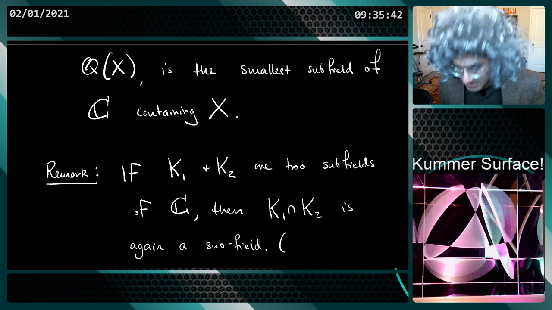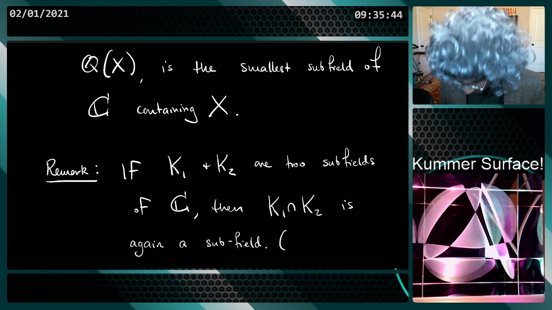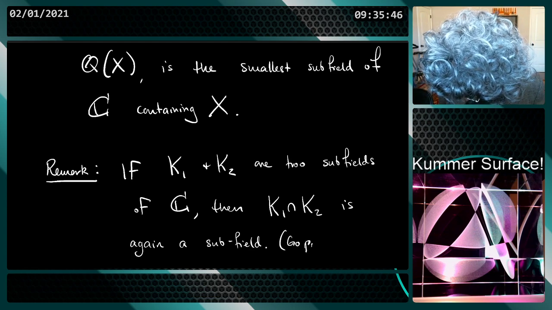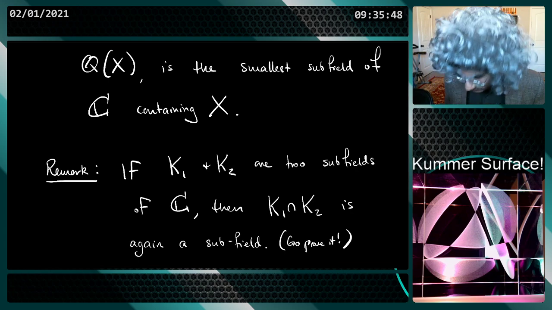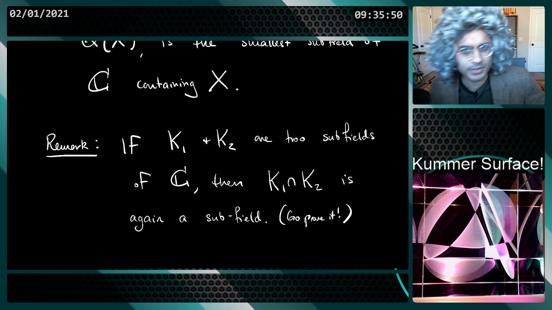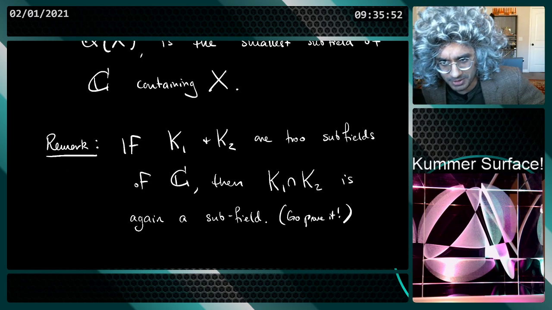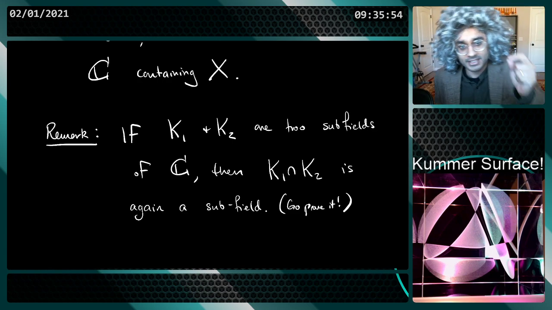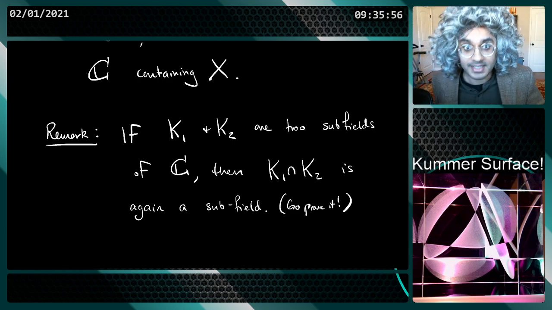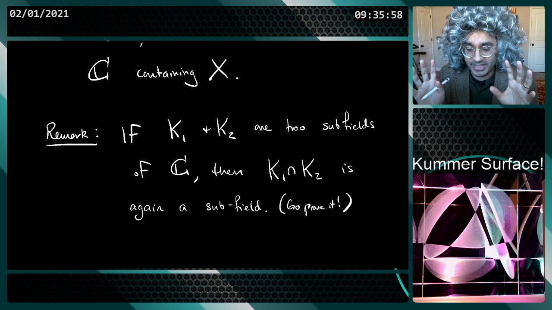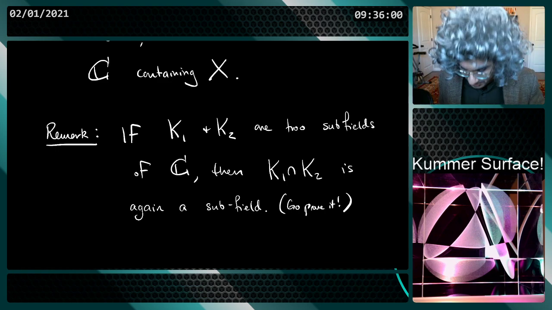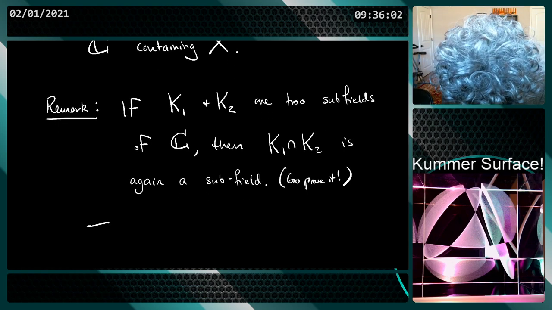Immediately go prove this. It's the simplest type of proof, yeah? Go prove it. Okay? Simple situation, just like subgroups, etc. So when you have this kind of a fact, you can talk about the smallest thing containing a thing.